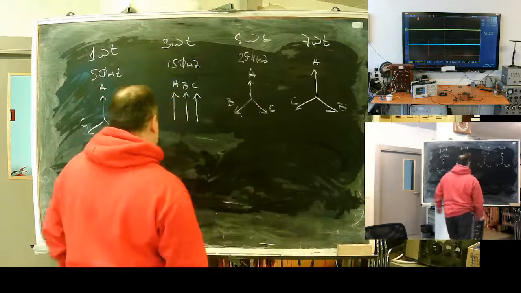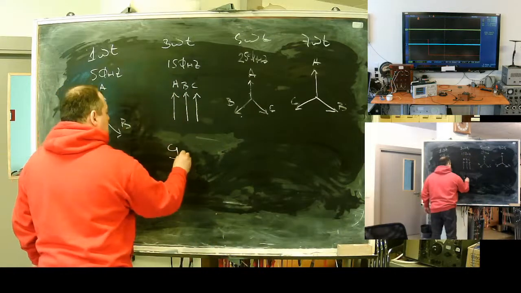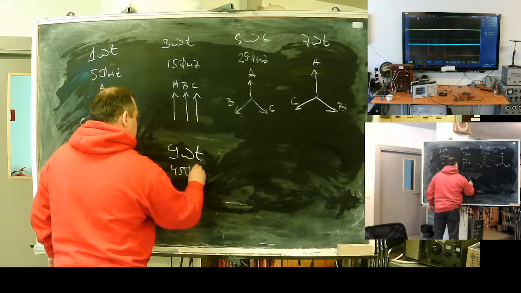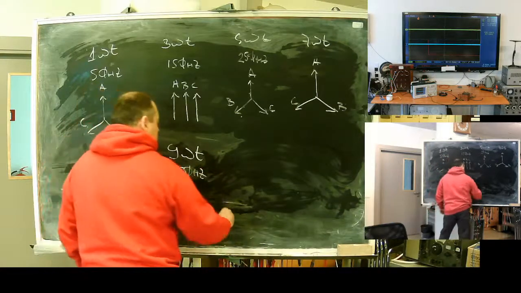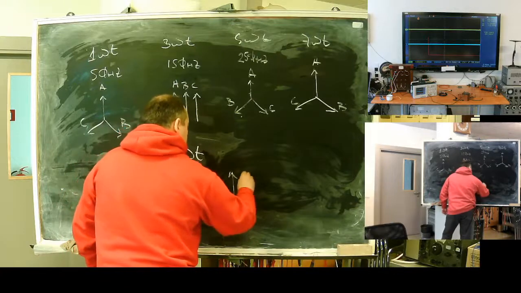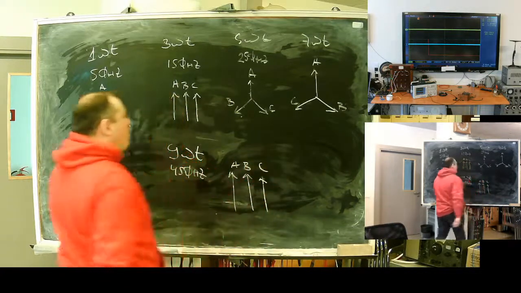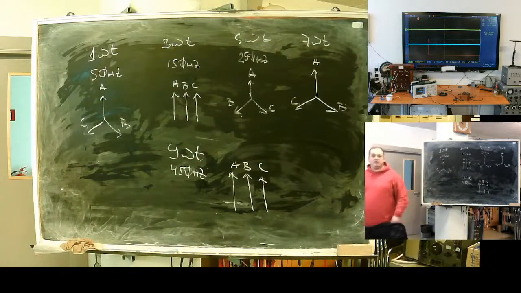And let's say 9 omega t, 450 Hertz, A, B, C, all vectors in one direction.